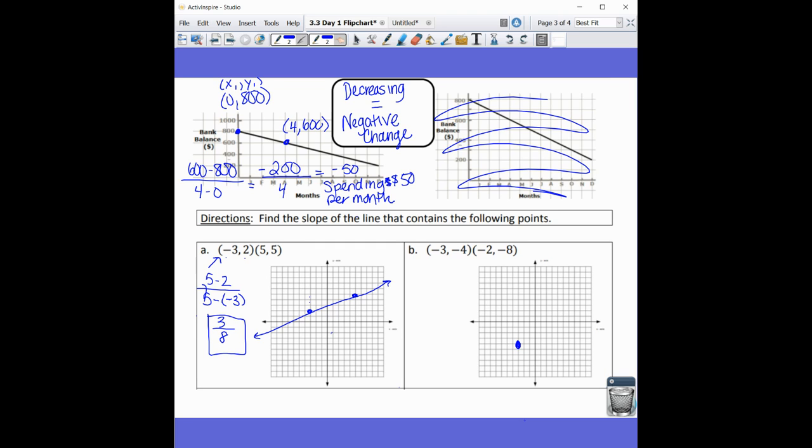So find your slope for B, C, and D. No, so it needs to be the vertical change on top and the horizontal change on the bottom. But then you have to see if you're decreasing, it's negative. So whichever direction you're moving down.